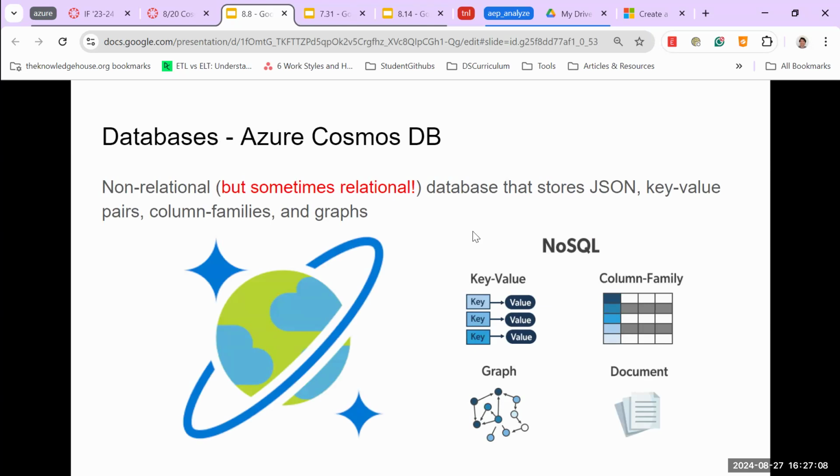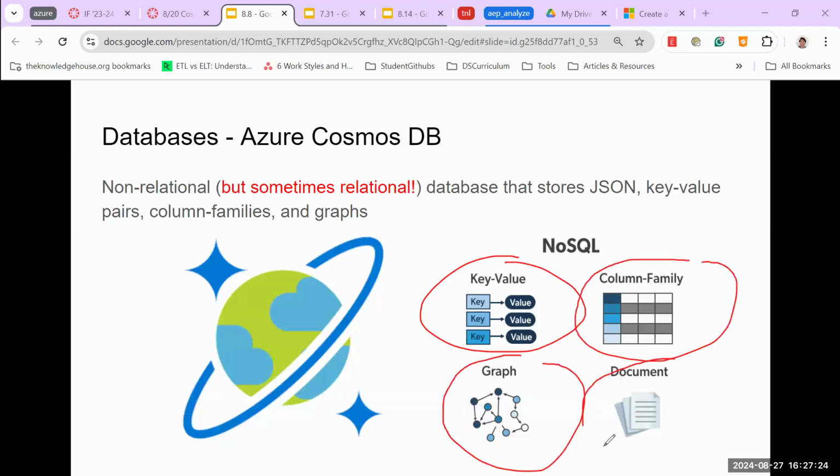Some non-relational databases that we can have in Azure through the Cosmos database system include key value stores, column family stores, graph stores, and finally, document stores.